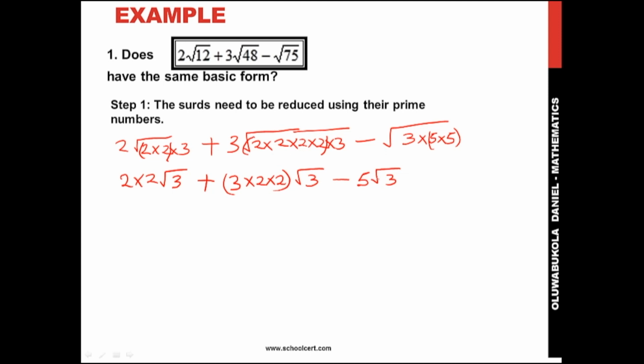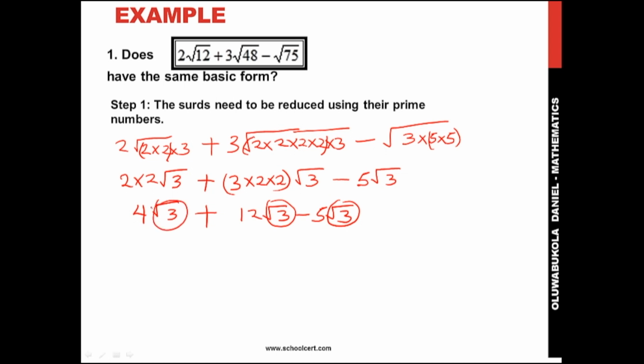We can also just multiply this out, and this gives 4 root 3 plus 12 root 3 minus 5 root 3. So from this we can see they have the same basic form. We have root 3 common to all of them.